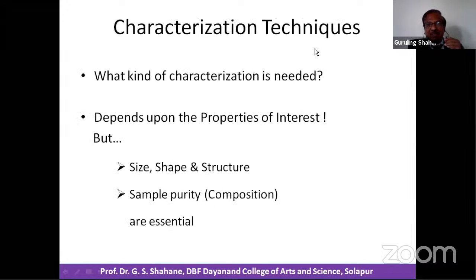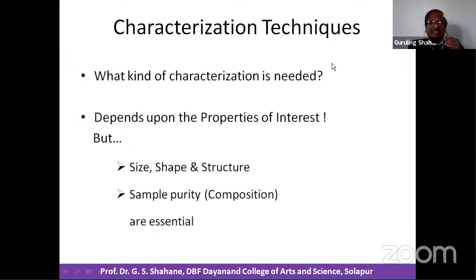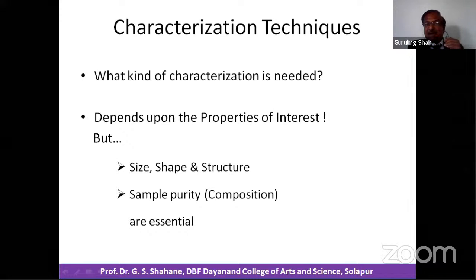Now, when we form a nanomaterial, we have to characterize it. What kind of characterization is needed? It depends upon the properties of interest. But very important: size, shape, structure, and sample purity are essential. Why? Because they are the factors which decide the property of that material.